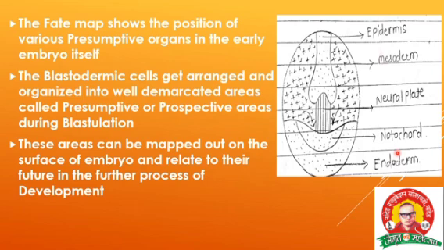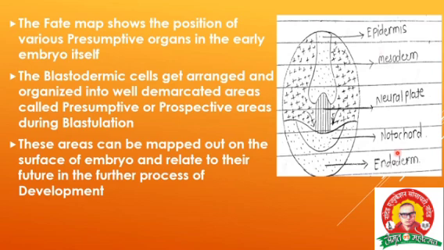The fate map of the Blastula can be prepared after identifying various regions that are distinct to give rise to specific organs of the embryo.